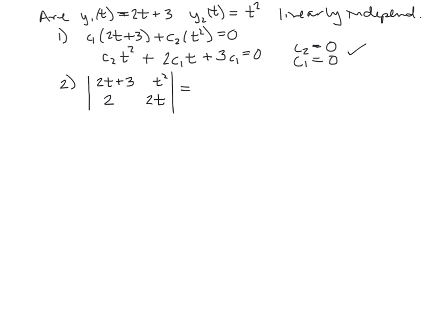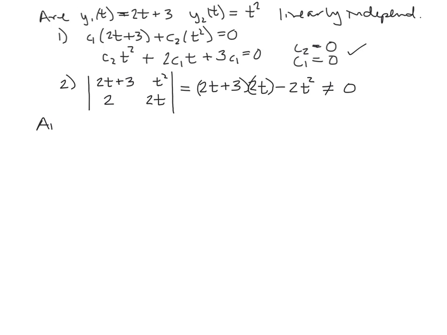Then you find the determinant, so that's 2t plus 3 times 2t minus 2t squared. Hopefully it's obvious that subtracting 2t squared is not going to cancel everything and get 0. So this is not 0, and again, linearly independent.